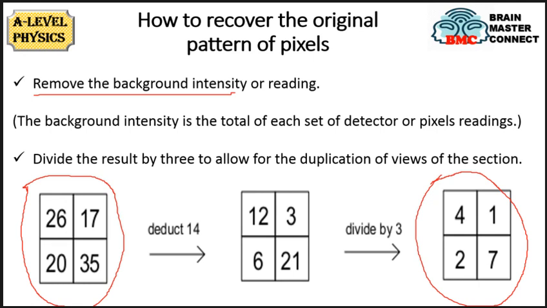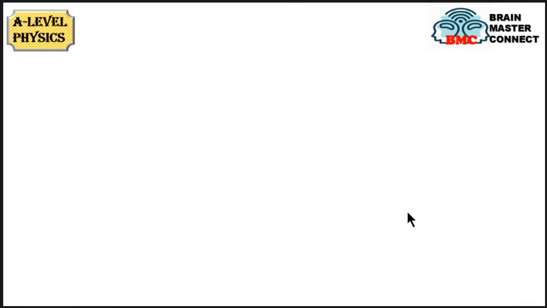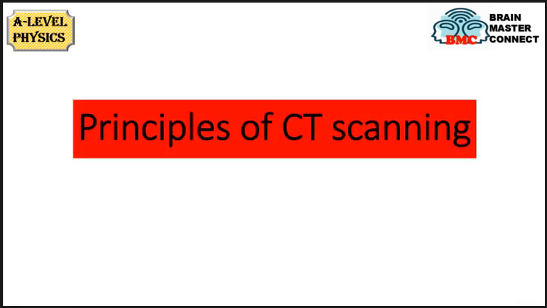Okay, so from here we shall be looking at the principle of CT scanning. Based on what I've said so far, we can conclude that there are principles guiding CT scanning, and I've mentioned some of these principles during the course of my explanation. So we're going to see those principles one by one.